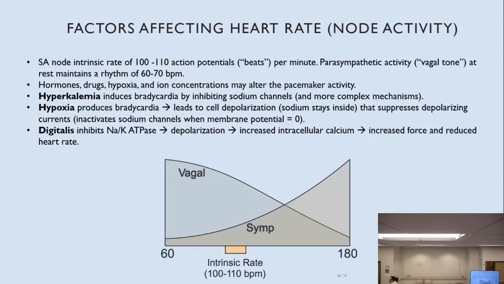Hypoxia produces bradycardia. Okay, we don't have ATP. You don't have oxygen, you don't have ATP. And if you don't have ATP, the sodium that comes in stays in. Okay, and in this case, it's not some of the sodium-potassium pumps that are blocked, as if we use digitalis. If you don't have oxygen, you don't have any sodium-potassium pump working. So you have tons and tons and tons of sodium inside the cells. So that will produce cell depolarization, suppressing the depolarizing current.